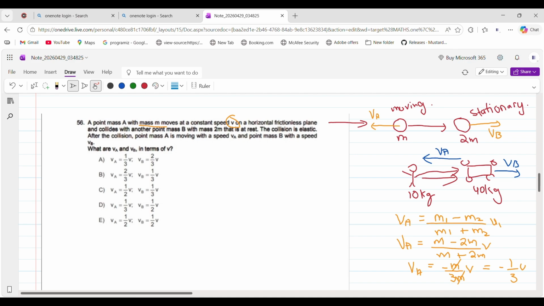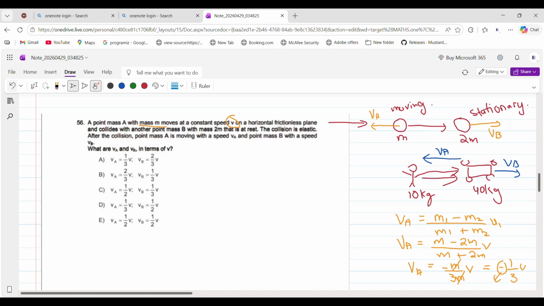Now see, this minus sign indicates the direction. The direction of velocity is indicated by the sign: if it has a positive sign, it is moving in the forward direction, but if it has a negative sign, it is moving on the left hand side, in the negative direction. So basically this minus sign shows this body is bounced back.